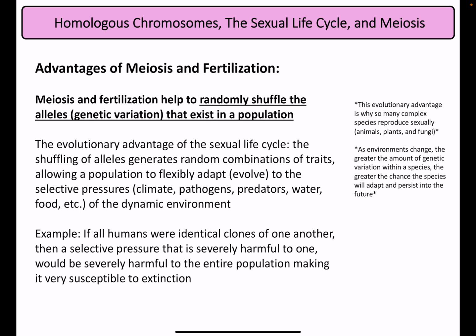Because you never know which particular combination of alleles and traits will be the best to have at a given place and a given time. But the more combinations you have, the more likely it is, if something harsh comes around in the environment, a predator, a pandemic, something in the weather.